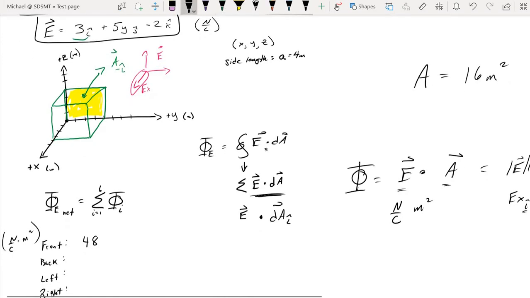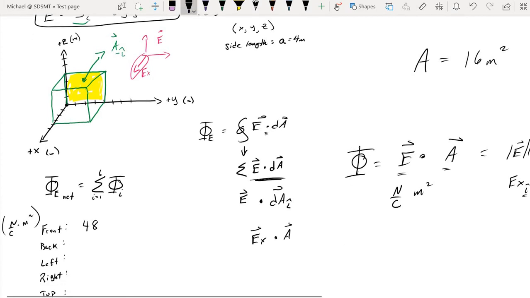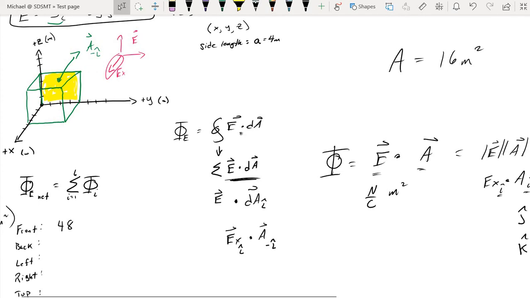So we have our x component of the electric field dotted with the area vector of the back face. The x component of the electric field points in the positive i hat direction, but the back face is pointing in the negative i hat direction.